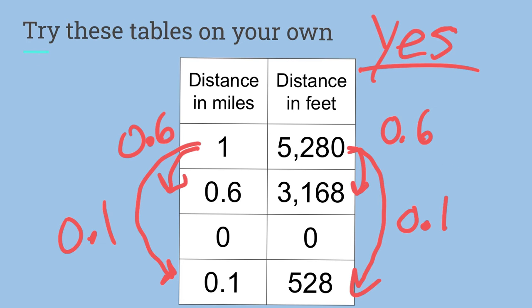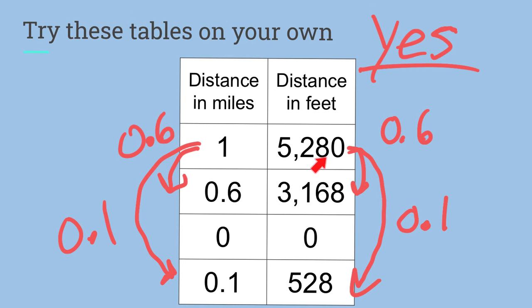All right, let's try table 2. I like what I see. I like 0, 0. And even if 0, 0 is not in the table, you could check it and check all the others to make sure. We'll talk about that later. But let's start here. What do I multiply 1 by to make 0.6? I'm going to multiply it by 0.6.